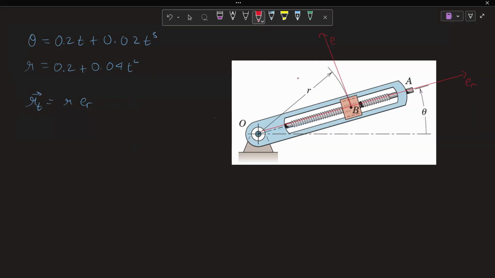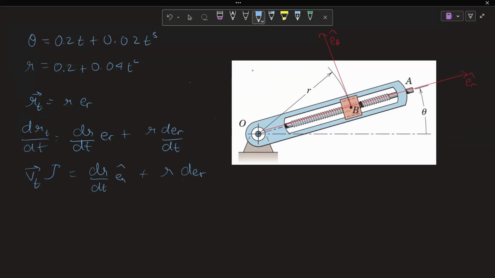So r at any time t, differentiating, is dr by dt into er plus r der by dt, and this is v at any time t, basically dr by dt er cap plus r der by dt.